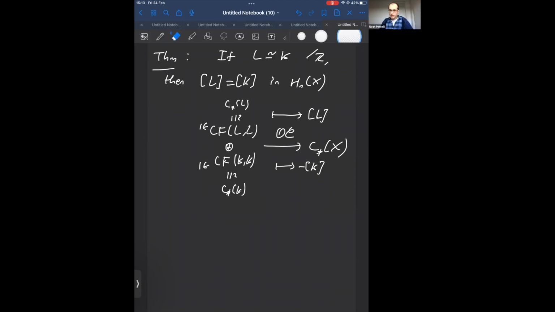So if I assume these are quasi-isomorphic, why should these be the same? The open-closed map actually gives you a lot more. The open-closed map actually goes through the cone over the map CF(L,K) tensor CF(K,L) to this, where the map from this to all of this is the product map, where I multiply one way around and then add this to multiplying the other way around.